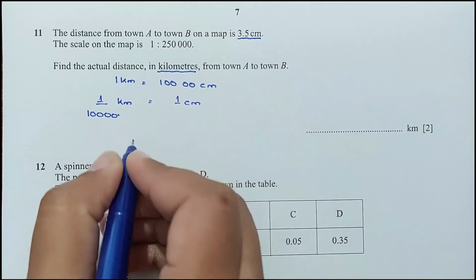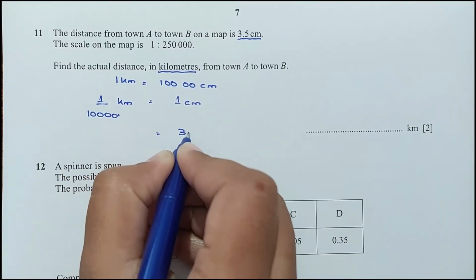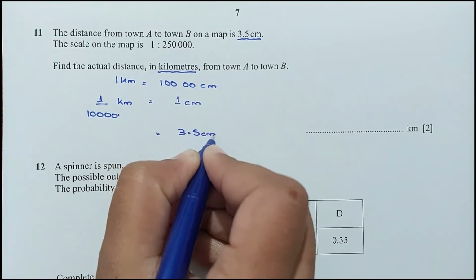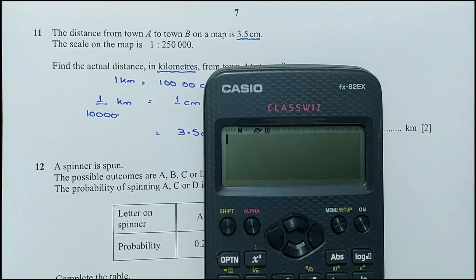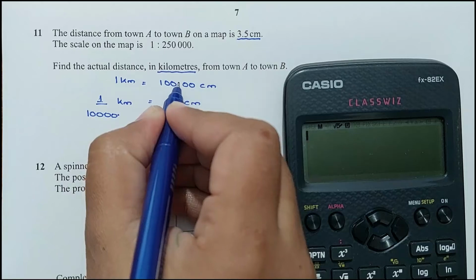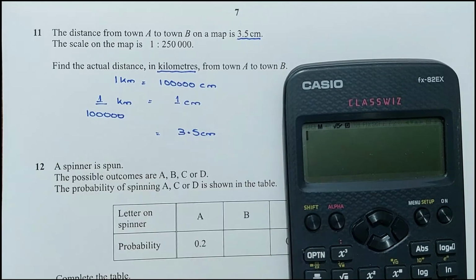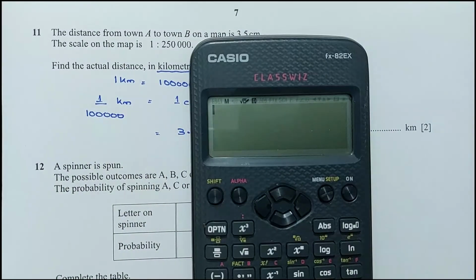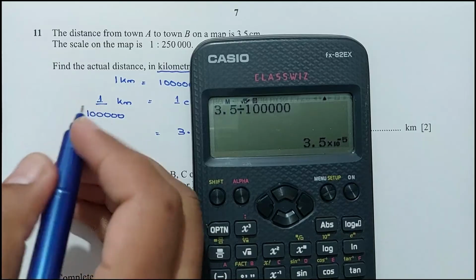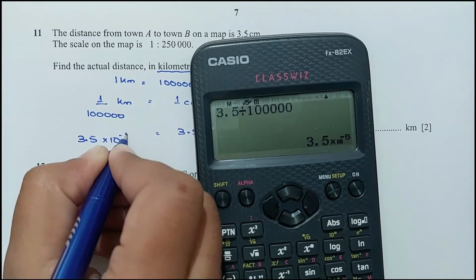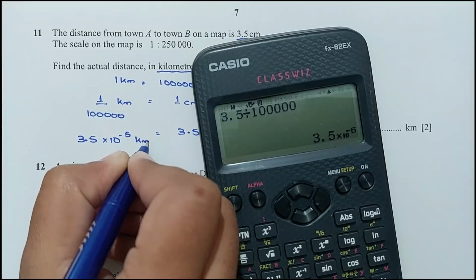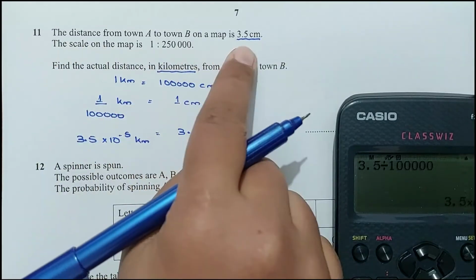Now 3.5 centimeters is 3.5 divided by 100,000. This is 100,000, it's 5 zeros, right? So 3.5 divided by 5 zeros would be 3.5 times 10 to the power negative 5 kilometers. This is the distance on the map.